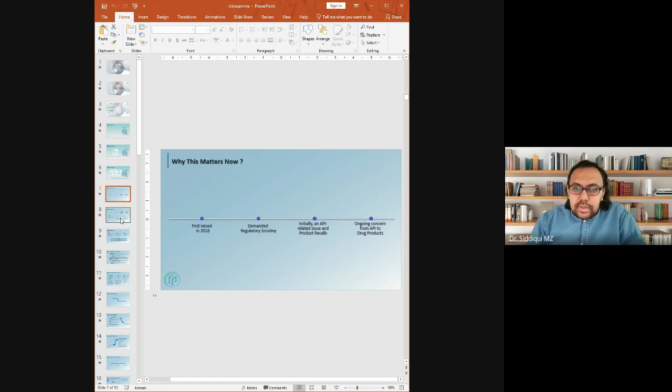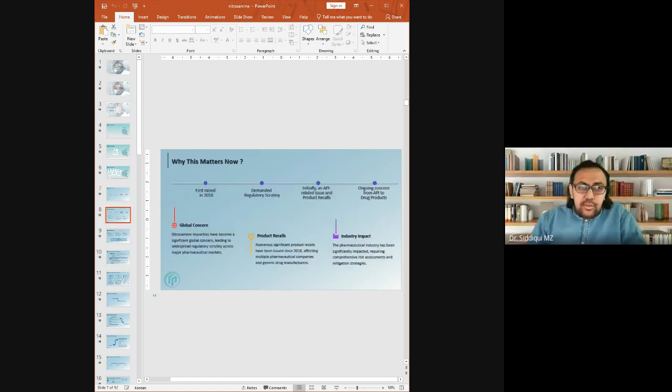Since 2018, nitrosamine impurities have become a significant global concern, leading to widespread regulatory scrutiny across major pharmaceutical markets. Multi-billion unit recalls have been issued since 2018, affecting multiple pharmaceutical companies and generic drug manufacturers. The pharmaceutical industry has been significantly impacted, so a comprehensive risk assessment is required with mitigation strategies.